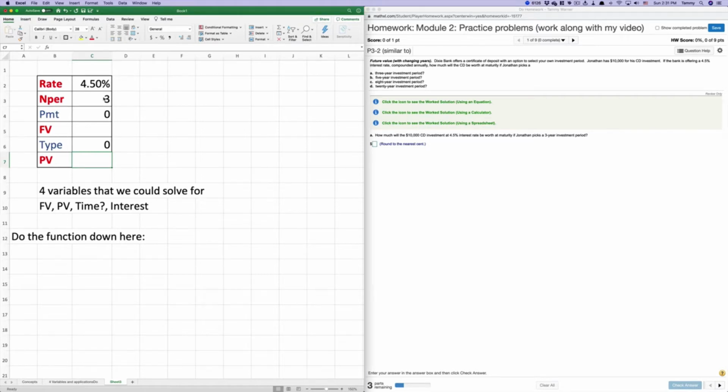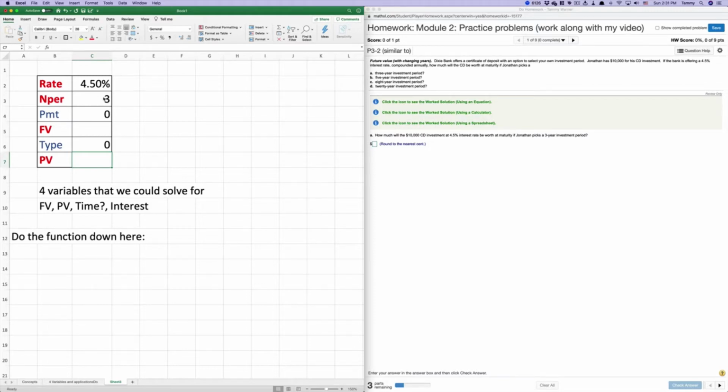Now I want to note something, and you might have picked up on this when you were looking at the textbook to go along with the last lecture. In order to do these problems, your present value and your future value in Excel need to be opposite signs. So if you want to have a positive cash flow as a result of an investment, you need to indicate the investment as a negative number.